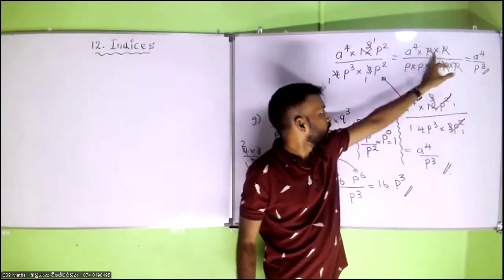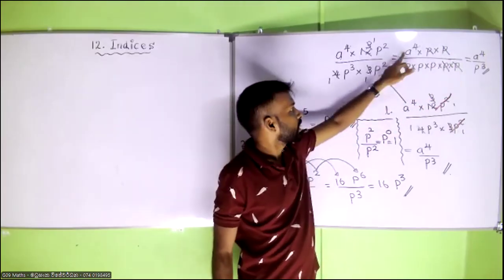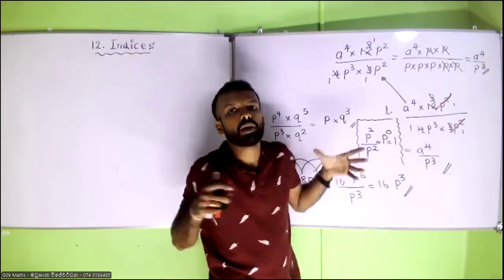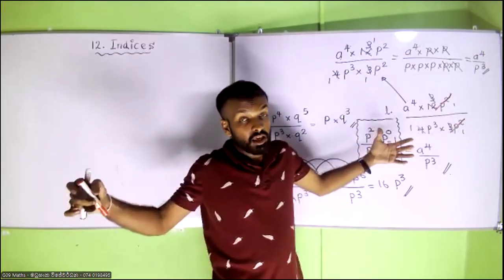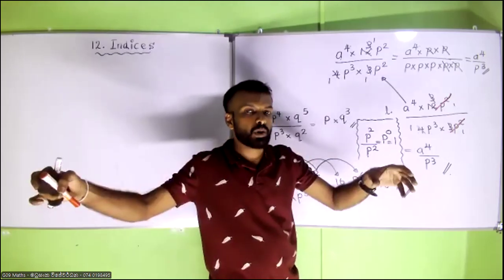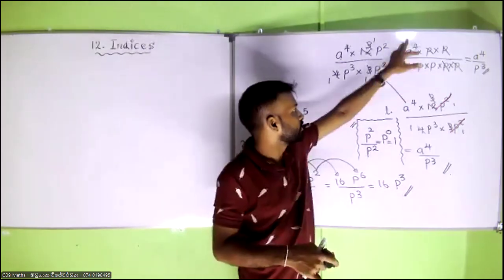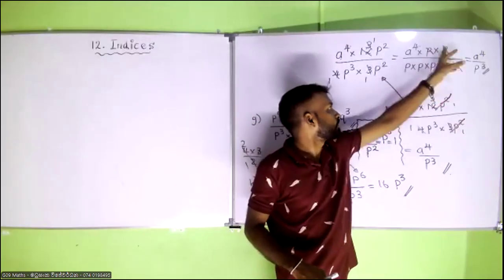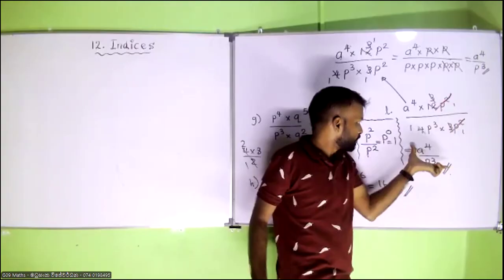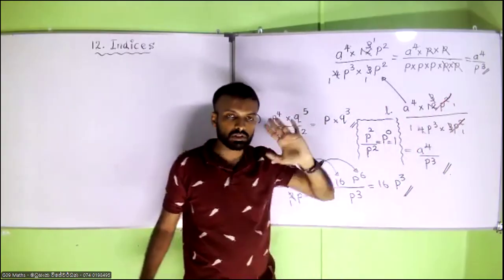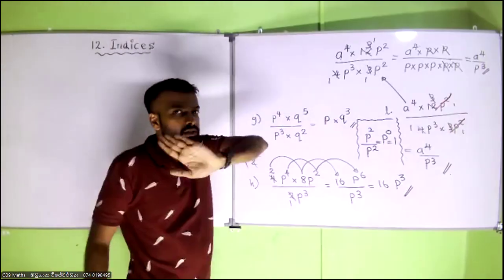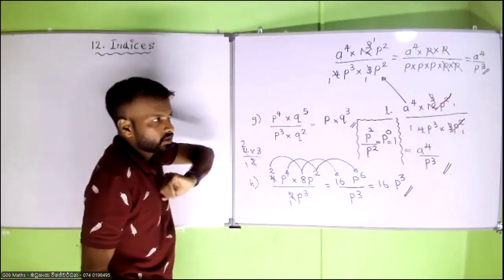But A is only one girl, so there's no point in expanding that. If you have A in the denominator, then expand, then cut. Numerators and denominators you can cut like this. Same answer. Both ways are correct. Whether you use the below one or the top one, the answer is the same, right?